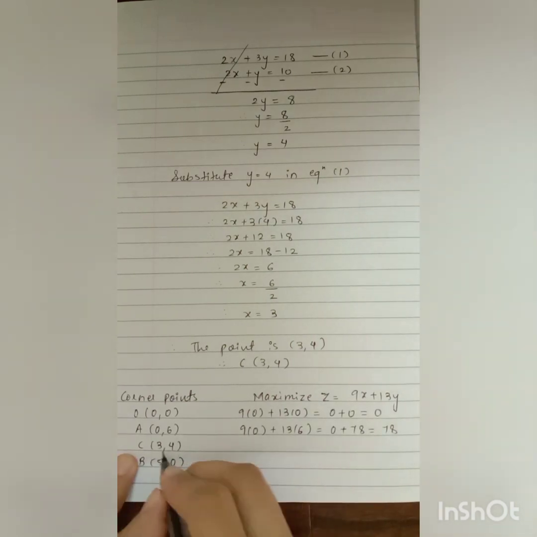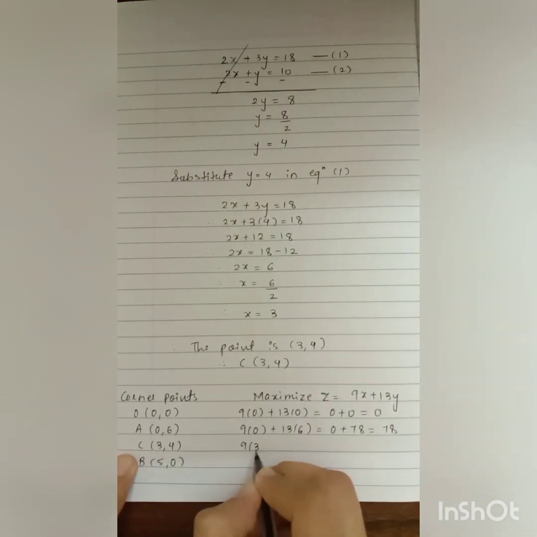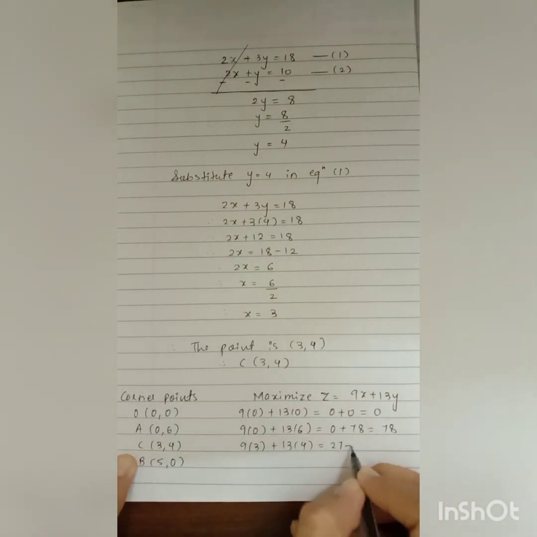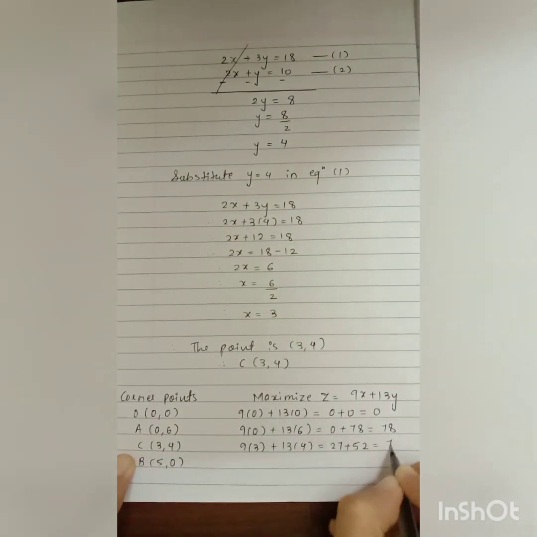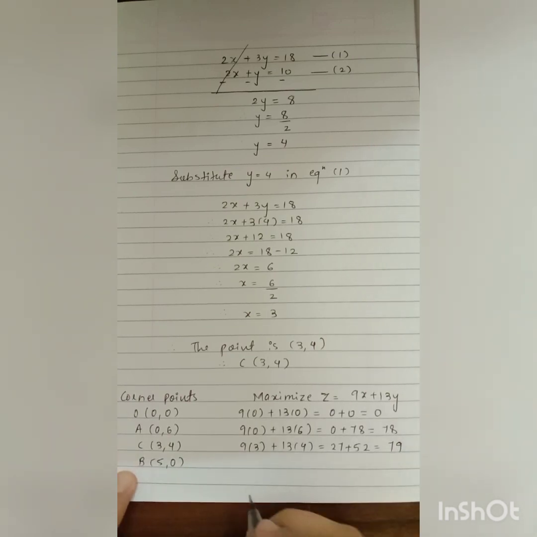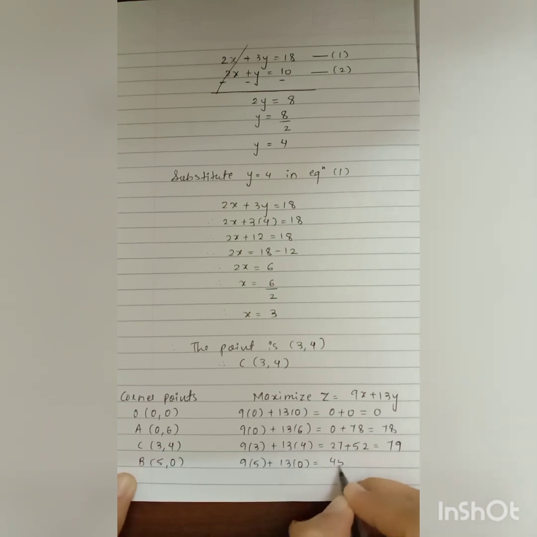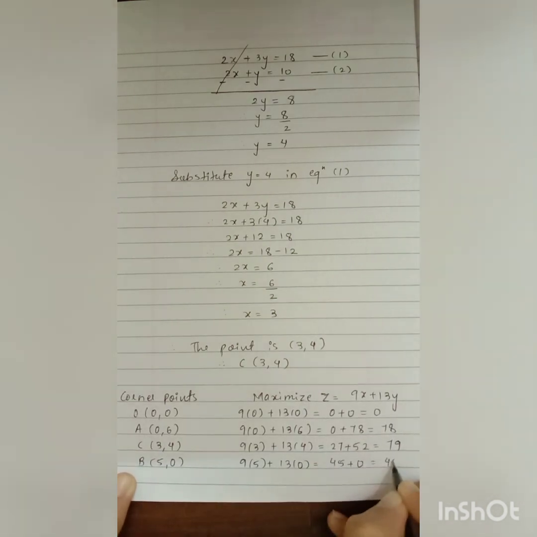Our third point is 3, 4. So 9 into 3 plus 13 into 4 is equal to 27 plus 52, which is equal to 79. Our last point is B 5, 0. So 9 into 5 plus 13 into 0 is 45.